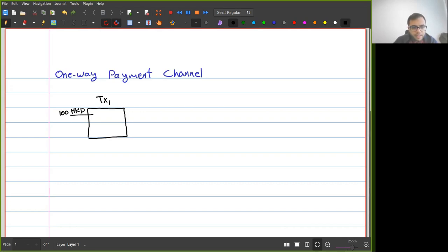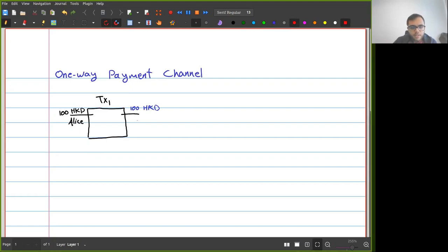This was an input that belonged to Alice. Originally, Alice said that I want to lock this output, which is also 100 Hong Kong dollars, so that in order to use it, one of these two conditions must happen.